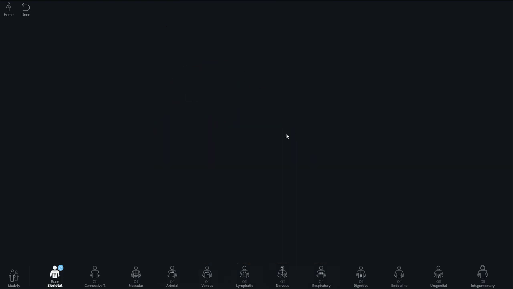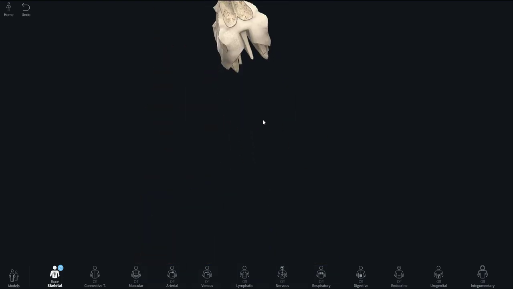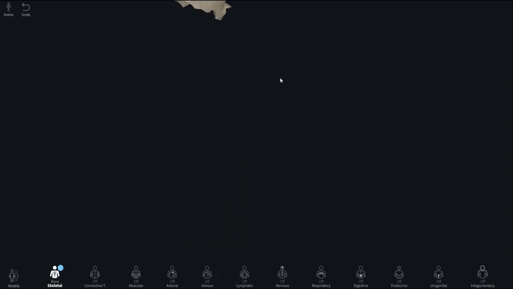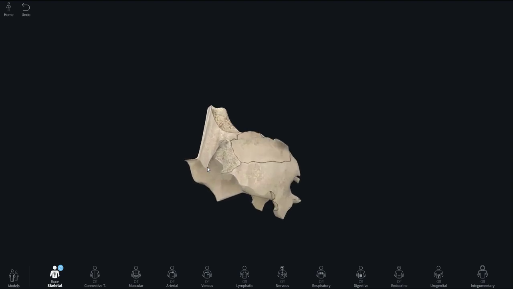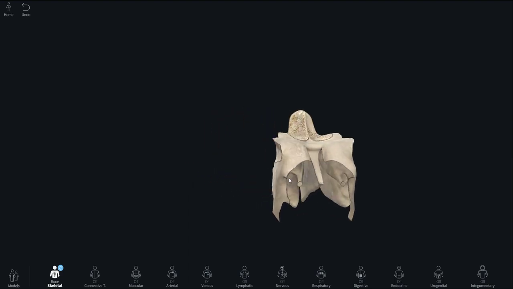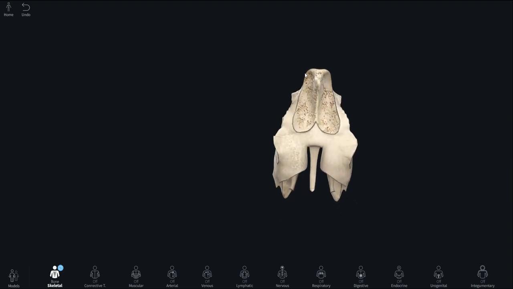Let me give you a better view. The lateral view reveals the perpendicular plate, and we have talked about how the perpendicular plate is just below the nasal spine. This over here is the perpendicular plate. And this over here is the cribriform plate of the ethmoid bone.